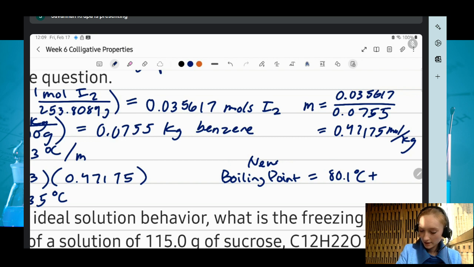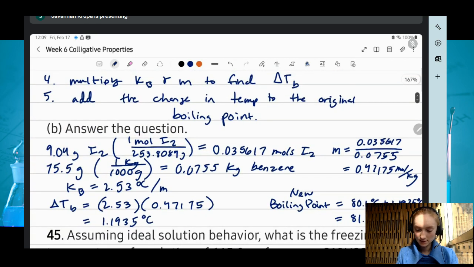You don't have to figure that out. Plus the change, so that's the value that we just found. Degrees Celsius, and so we will get a new boiling point of 81.3 degrees Celsius. So that is how we solve this problem.